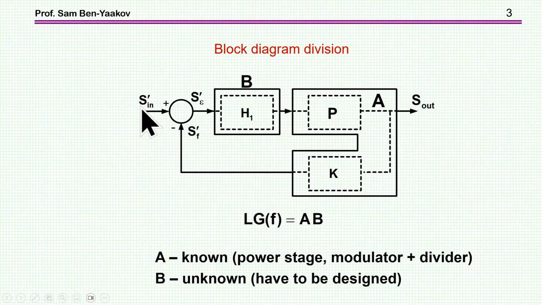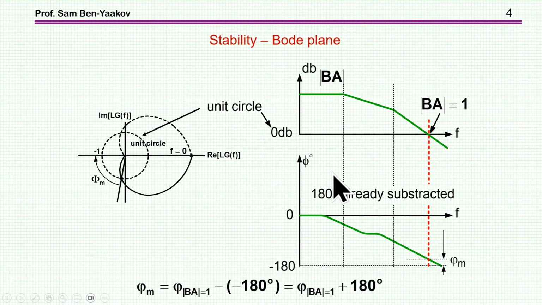Here is the reference, this is the phase compensator, and then we have the power stage modulator and the voltage divider. Now we know that the performance of a feedback system in closed loop really depends on the poles and zeros, and in particular, the system will be unstable if there are poles in the right half of the complex plane.